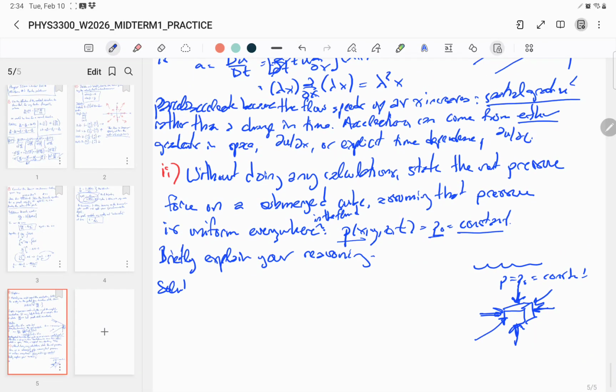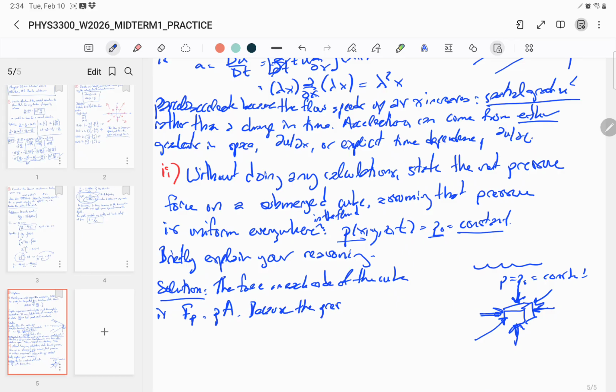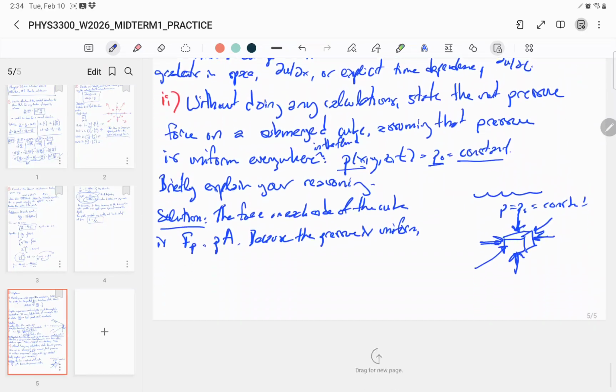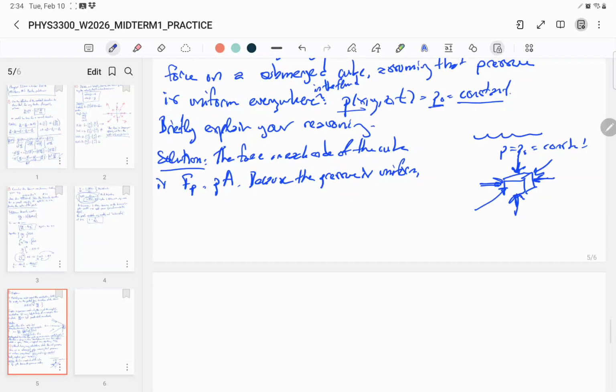So solution, without doing any calculations: the force on each side of the cube is F pressure equals the pressure times the area. Because the pressure is uniform, all 6 pressure forces are the same strength.